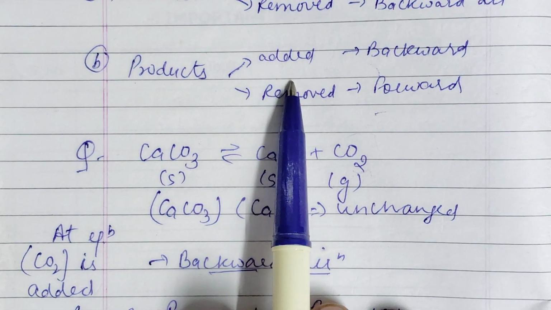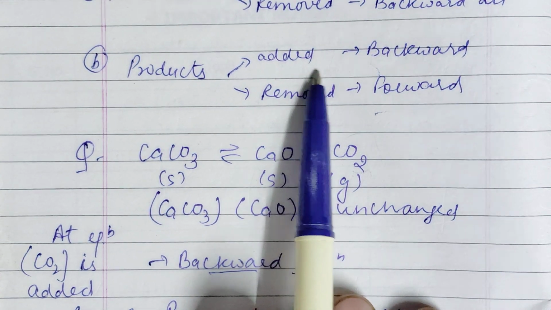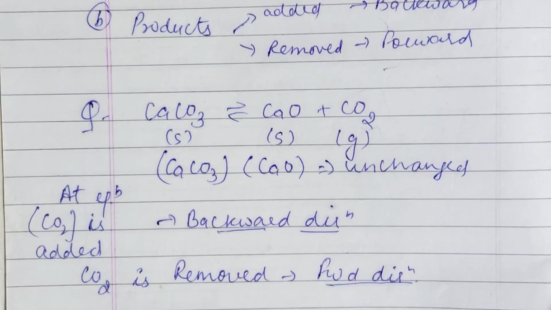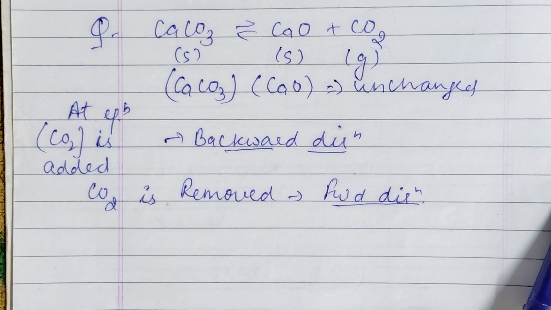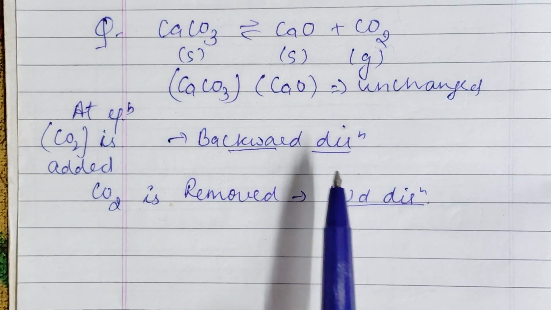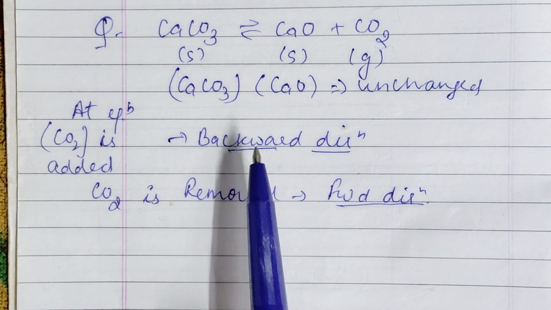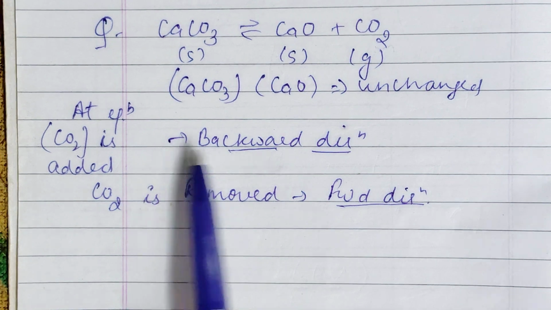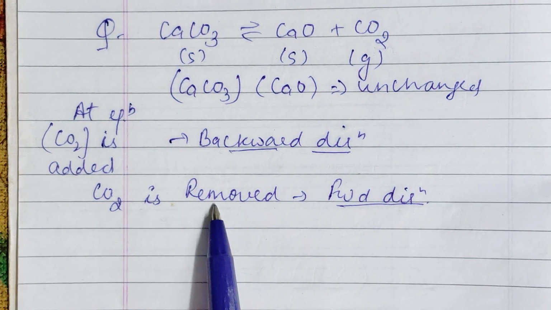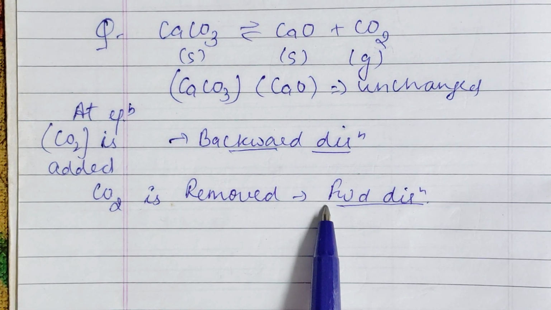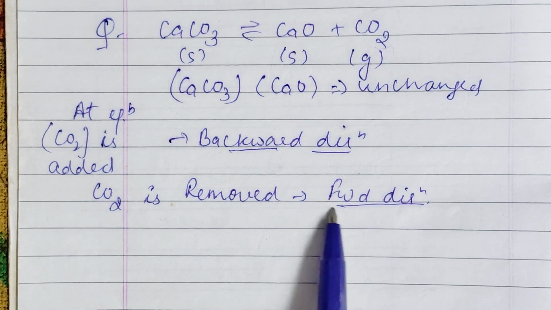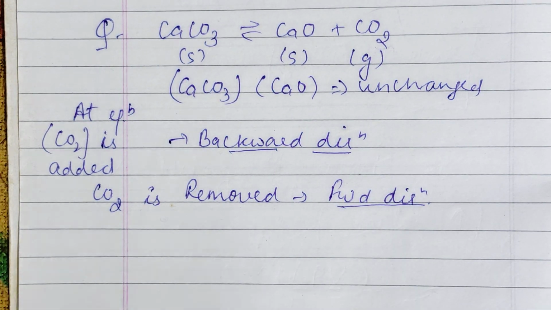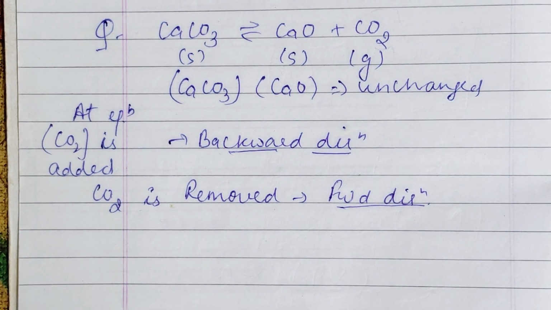CO2 is the product. Sometimes the question is asked: what happens if we add CO2 in CaCO3 giving CaO plus CO2? The reaction goes backward. If CO2 is removed, the reaction goes forward. This is an important question.